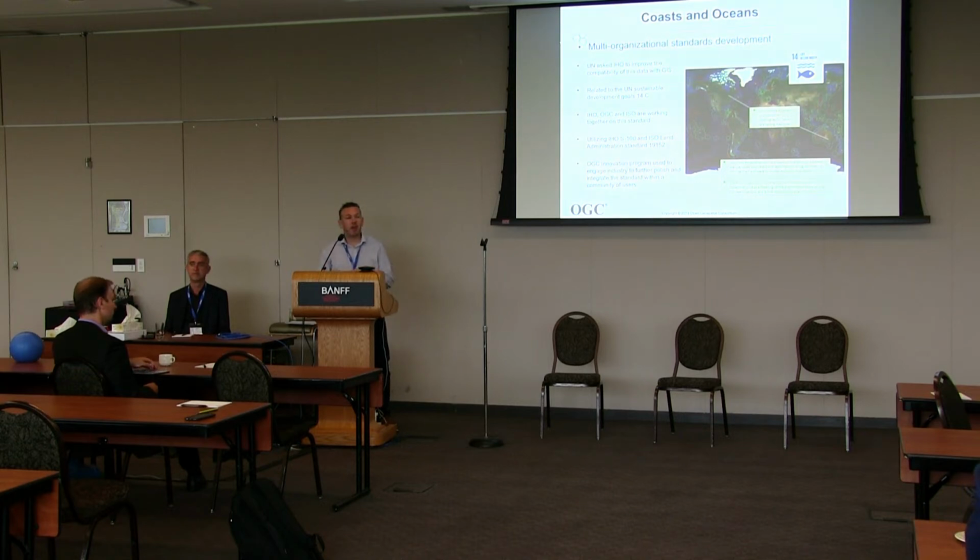But if we can define these in a common way so that we can share these boundaries interoperably between organisations, that's really the goal of this. So yeah, just a good example of where Canada's really been a pioneer in this space.